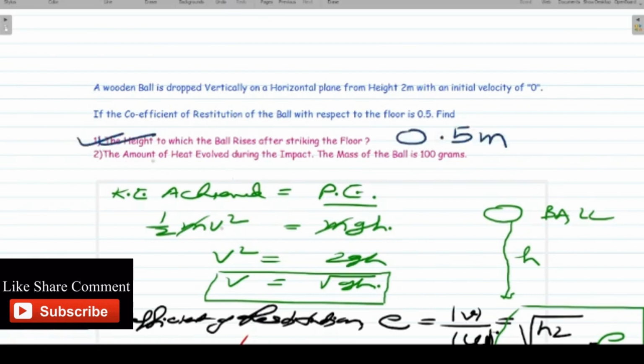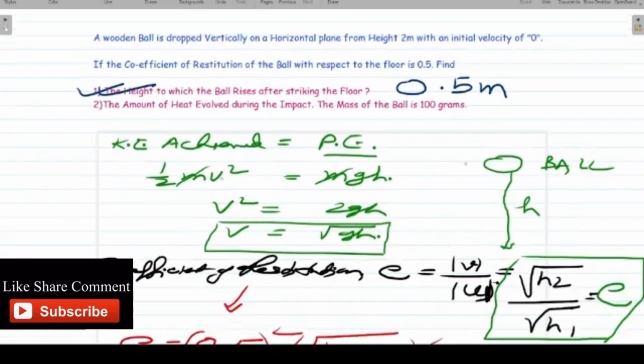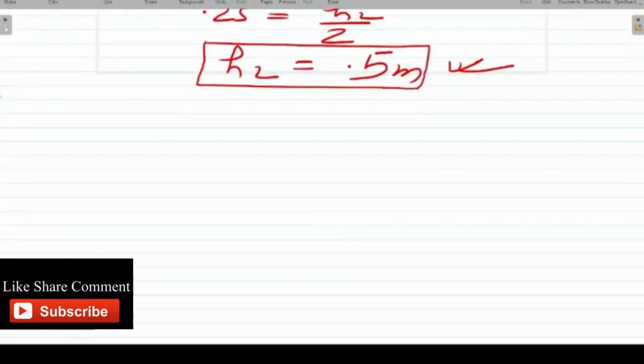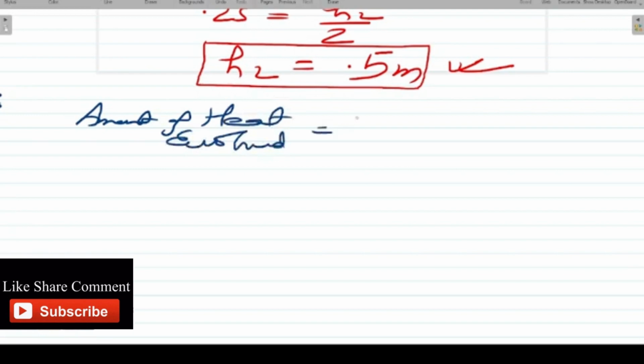The second part is the amount of heat evolved during the impact. The mass of the ball is 100 grams. Students, how will we get the amount of heat evolved? The amount of heat evolved equals the change in mgh: the potential energy at height h2 after the collision, and the initial potential energy at height h1, that is mgh1.